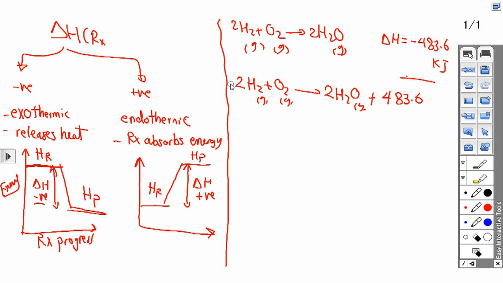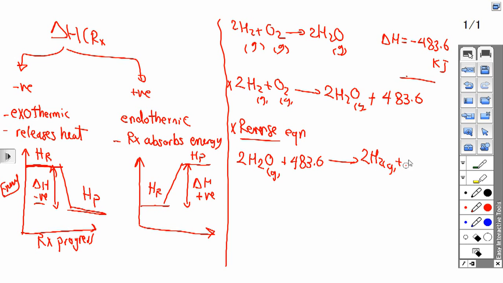For example, if you reverse the equation, so it will be 2H2O gas plus 483.6 equals 2H2 gas plus O2 gas.